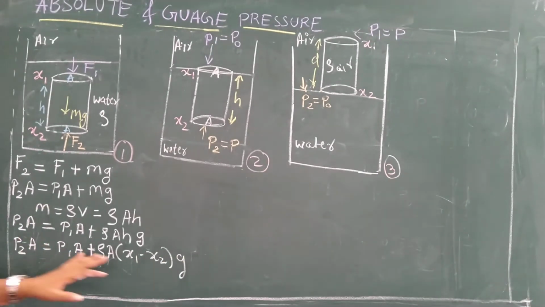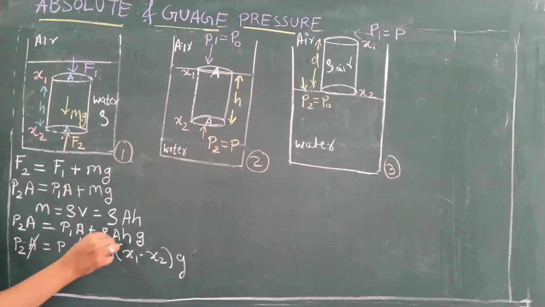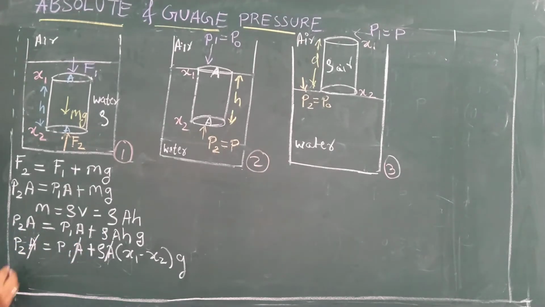At both the sides of this equation, A is common, so it can be cancelled out. And so at last we get an equation P2 is equal to P1 plus rho (x1 minus x2) into g.